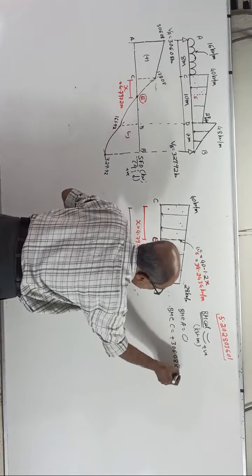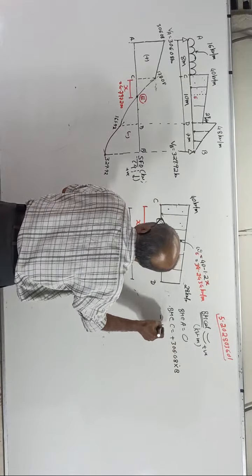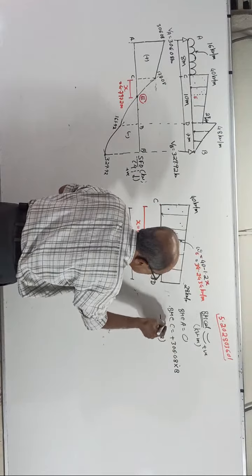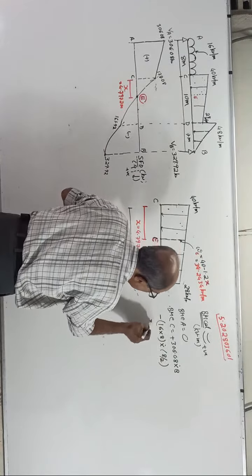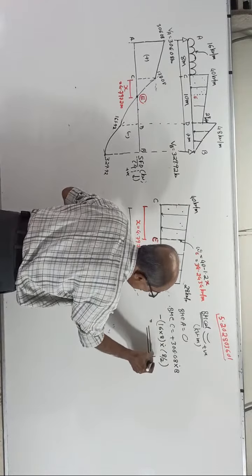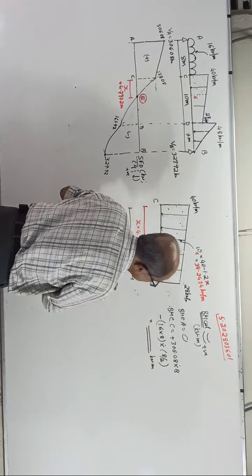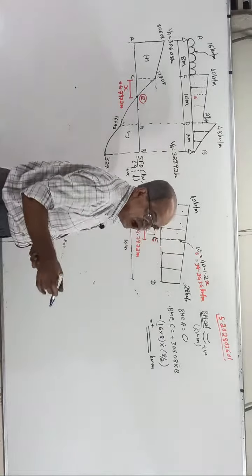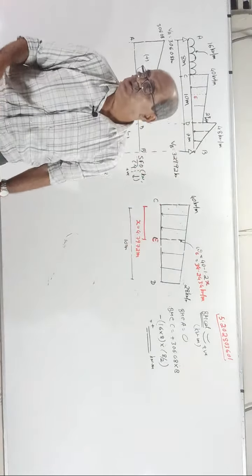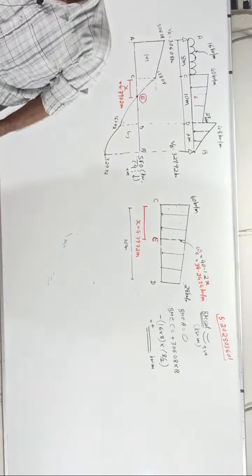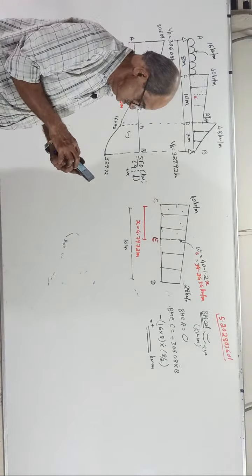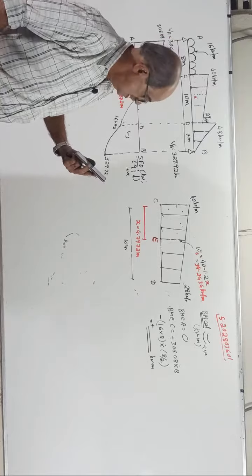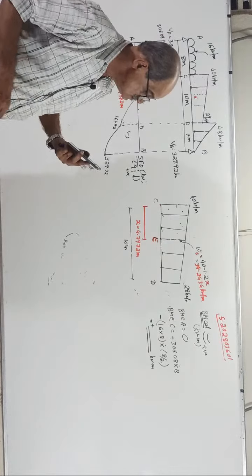306.08 into 8 minus 16 into 8, the total load, into 8 by 2. Fast, tell me the answer to the third decimal. It will come plus. You see that I don't have to lift my calculator. Answer, BM at C. How much?